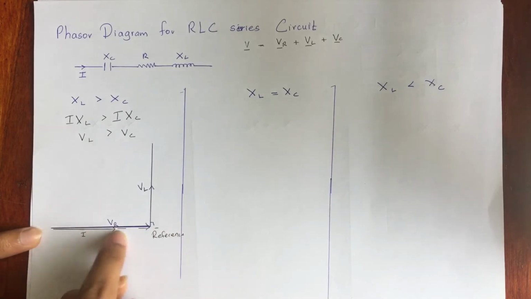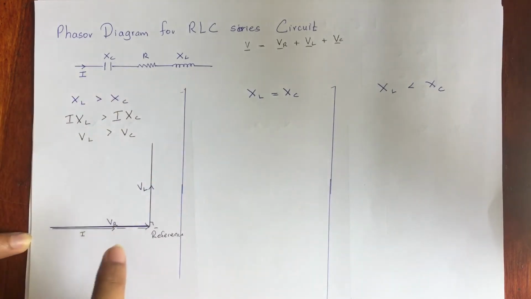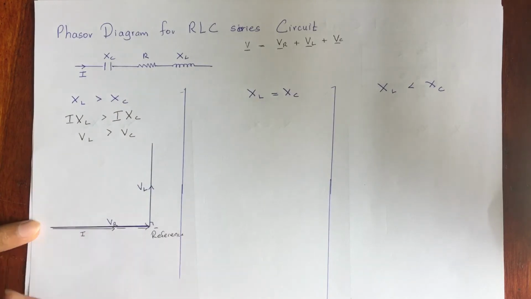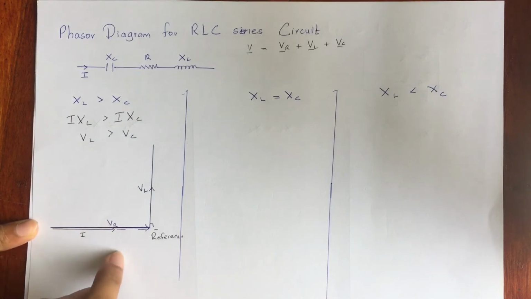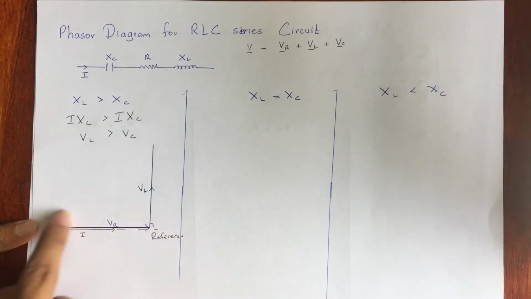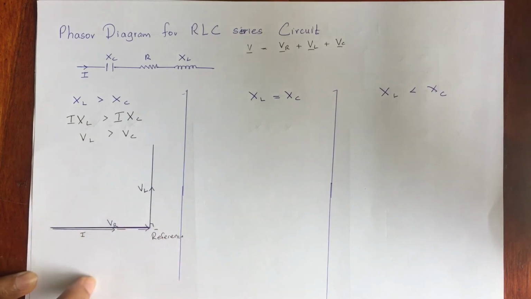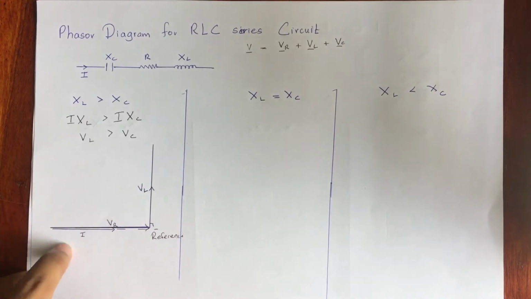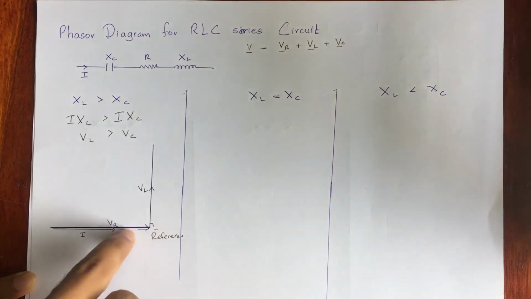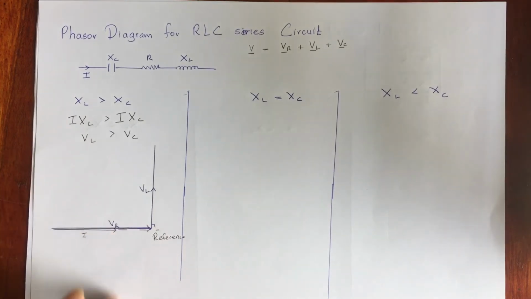If I consider this I, it's the same for that capacitor too, as it's connected in series. After that, the voltage is going to be in this direction, because in this capacitor we already knew that the I is going to lead the voltage. In other terms, V is going to lag the current by 90 degrees. Lag simply means it's going to be at minus 90, in this direction.